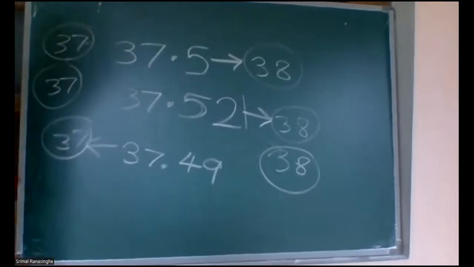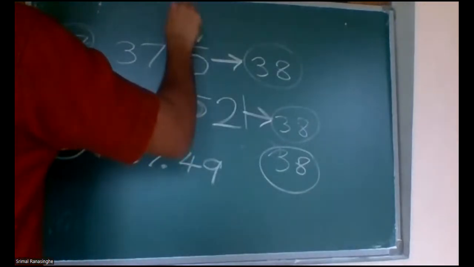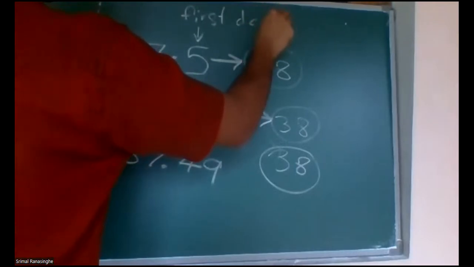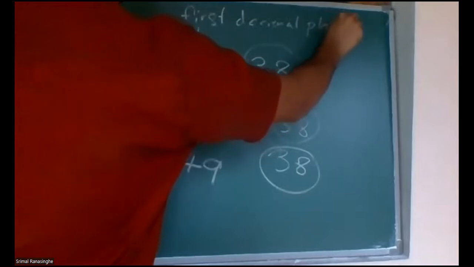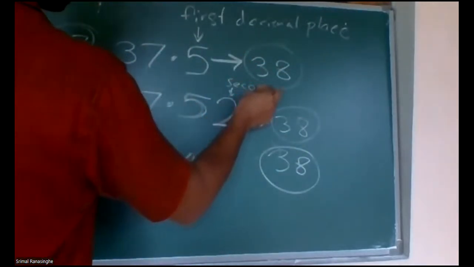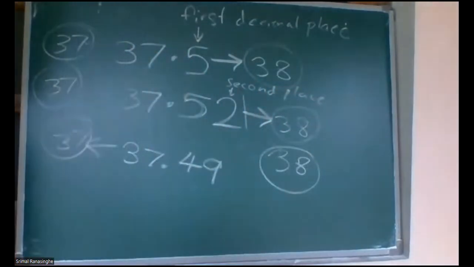Here is the first decimal place. Here is the second decimal place. Right?